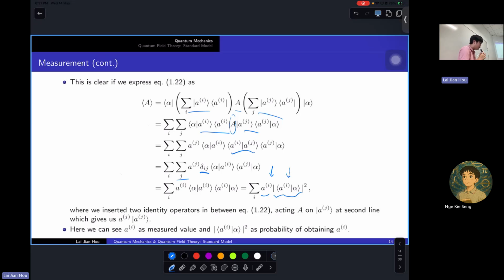The terms vanish outside of i equal to j, so the only surviving term is the i term. So a_j becomes a_i, and these two can be multiplied together. When we interchange them, this becomes the conjugate of the first one.